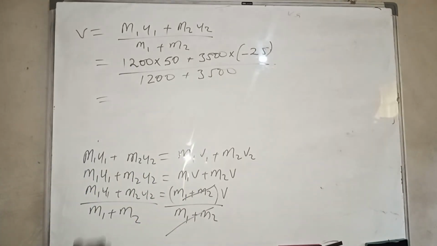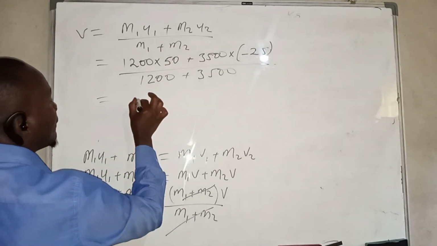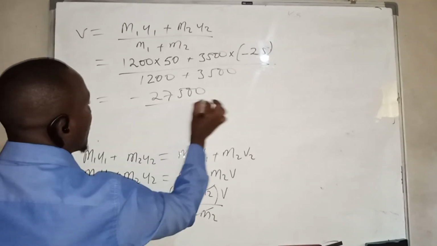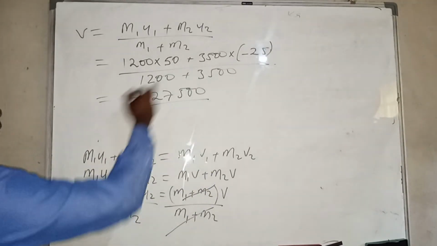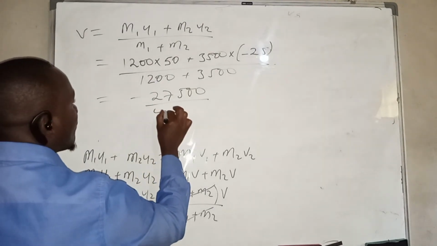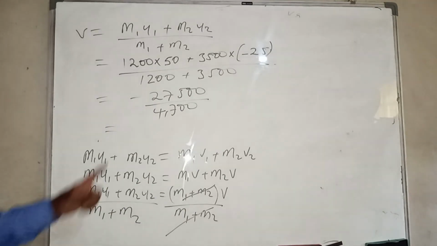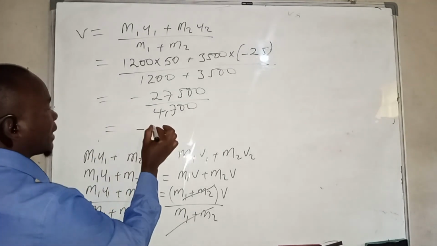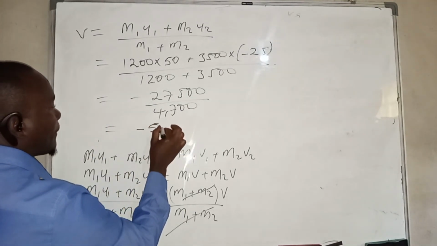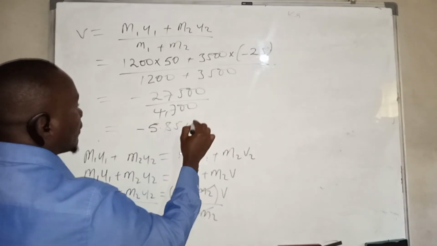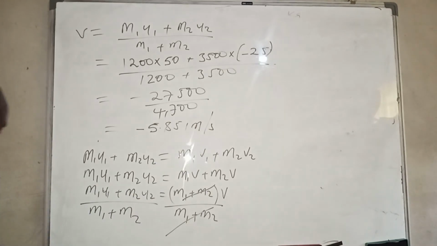When we punch this on a calculator, on top we are going to have negative 27,500 divided by, down here, 4,700. Punching this on a calculator, we are going to have negative 5.851.